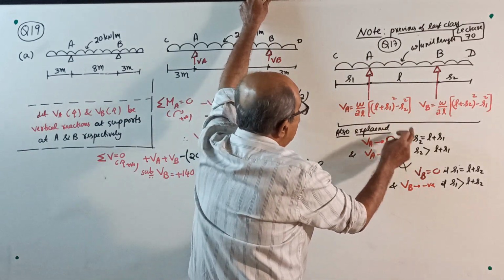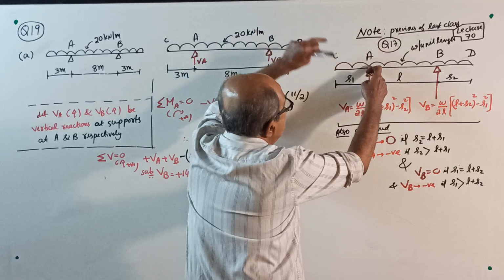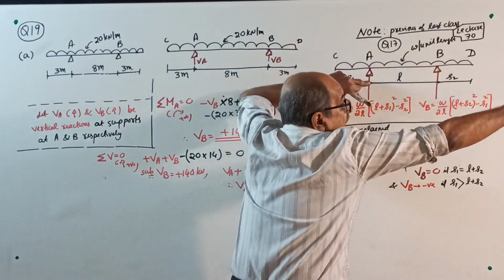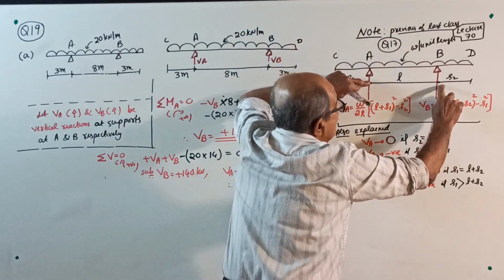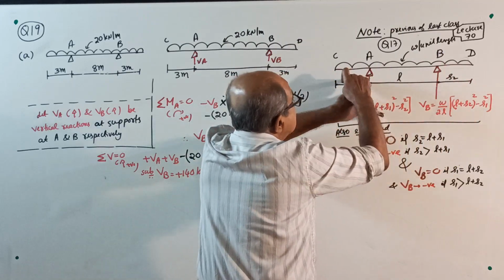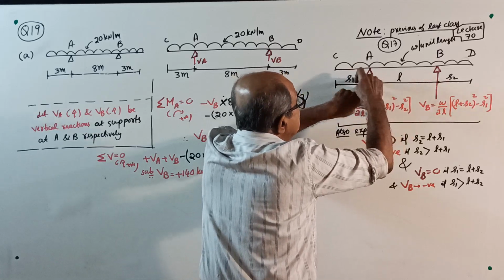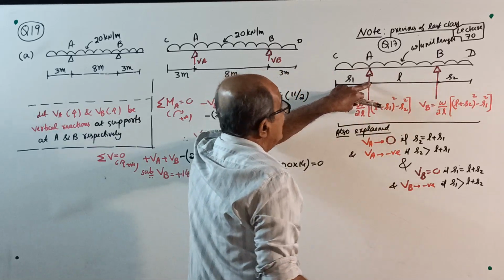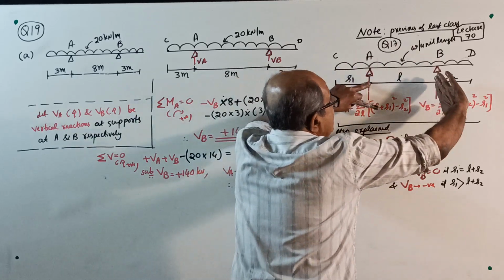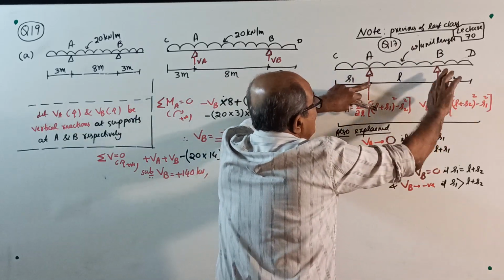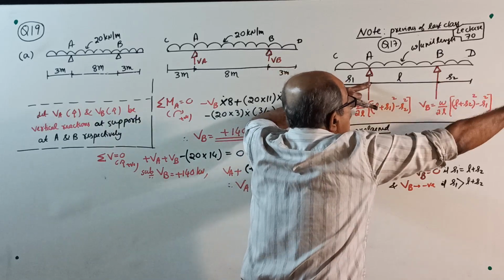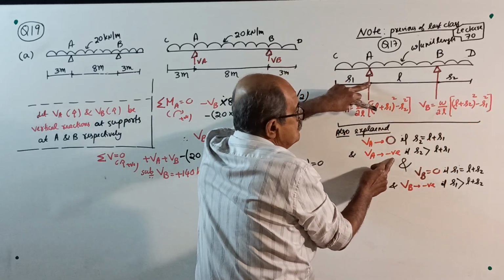VA will be 0 if the overhang S2 equals the sum of these two distances, and if that overhang is more, then VA will be negative.